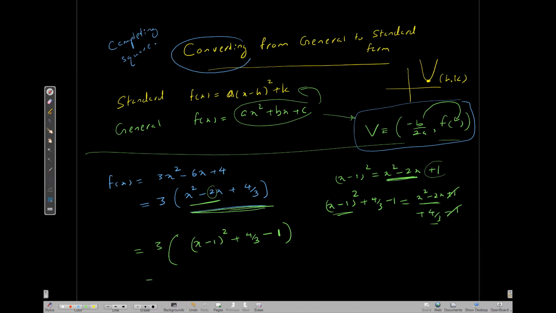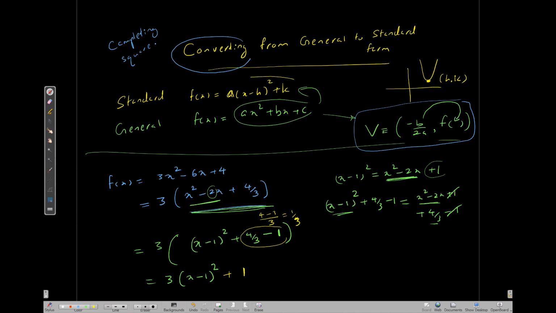So you have 3 times (x minus 1) squared, and if I simplify this part, 3 is the common denominator, so 4 minus 3 is 1 over 3, and then when you multiply 3 by 1/3, you get 1.